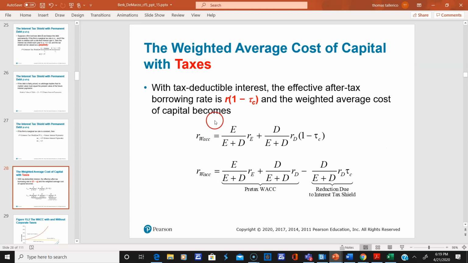And the weighted average cost of capital takes into account the equity and the debt, and this is after tax. You see this after tax here.